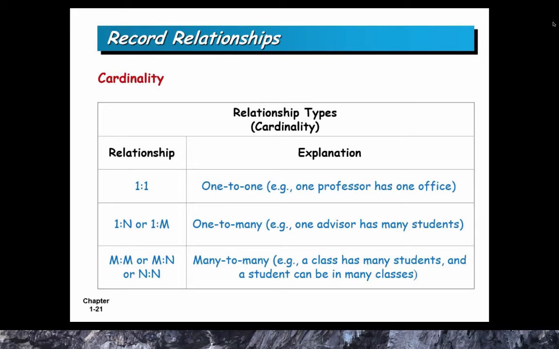They're the same thing. And then m to m, m to n, or n to n are all the same thing. That's a many-to-many relationship. Because we have 2 texts and they don't exactly do things alike, we just need to think about different iterations of the symbology and the nomenclature. It's called cardinality. You're going to either love or hate cardinality.